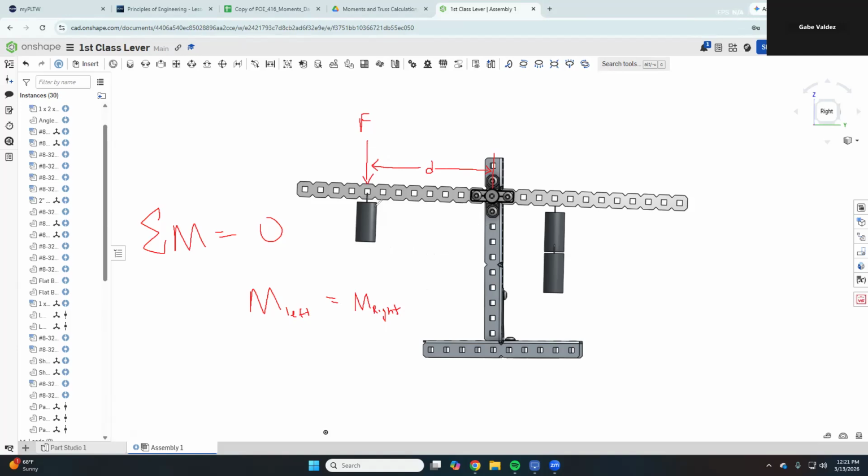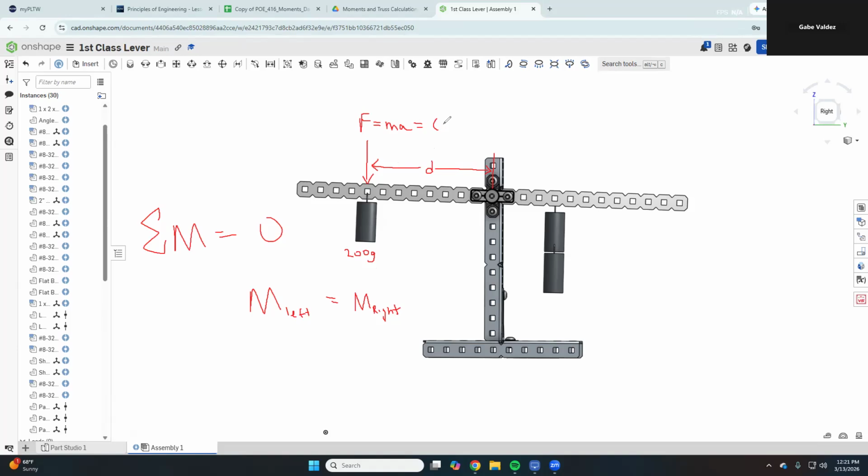Now, this is a mass. Remember, to calculate a force, we take mass and multiply by acceleration due to gravity. So if I have a 200-gram mass or a 100-gram mass, this is just a mass of some shape. So I don't know exactly what mass this is, but let's suppose it's 200 grams, right? So let's suppose we're hanging 200 grams here. So that 200 grams is really equal to a force of, let's go ahead and convert this to kilograms.